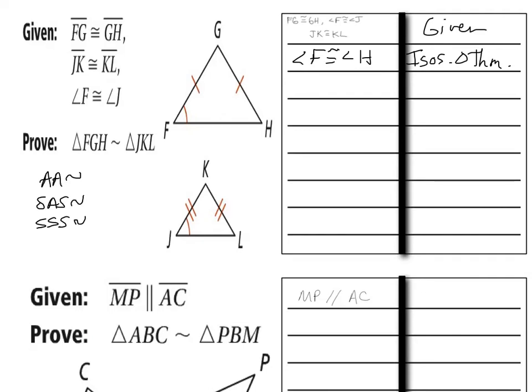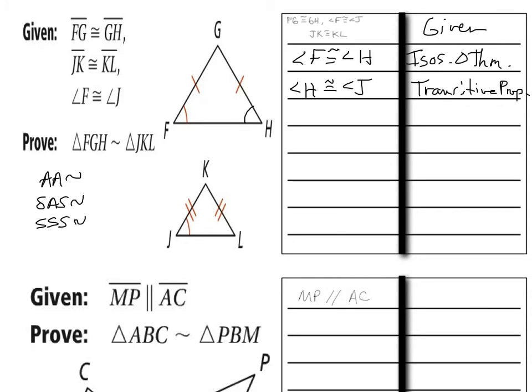Now, if I know that angle F is congruent to angle H, I put my mark in here, then I also know that angle H is congruent to angle J, because you'll notice they have the same markings here. So if F is congruent to J and F is congruent to H, then I know that angle H is congruent to angle J, by the transitive property.